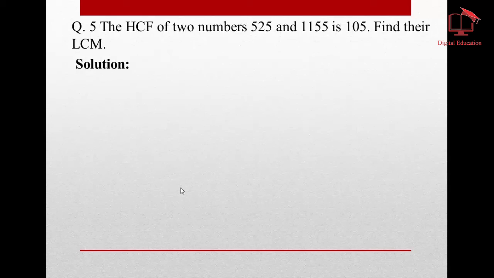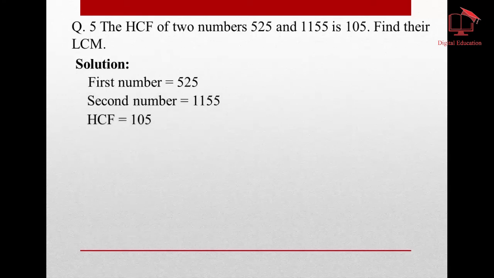Now students, let's move forward. Question number 5. Now the HCF of the two numbers 525 and 1155 is 105. Now find their LCM. First number is 525. Second number is 1155. Now students, the HCF is equal to 105 and in this question we have to find out the LCM.